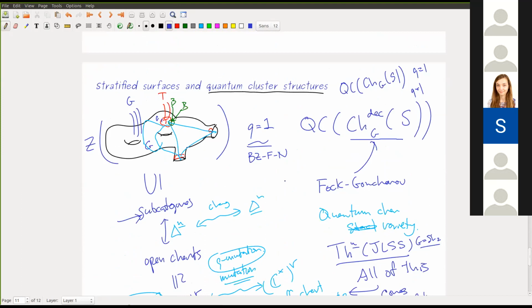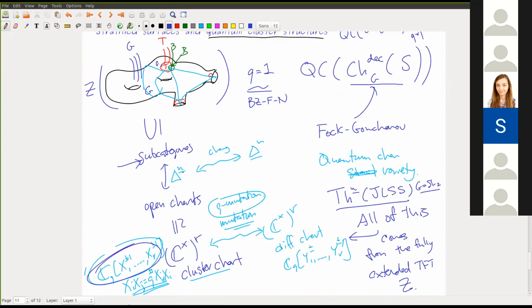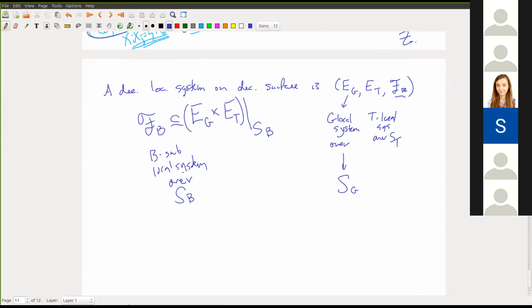Yes, a quick question clarifying something. So you have the G and the T, they're independent groups. What is the B? That's a group with a map to both G and T, or no relation to G and T? Aren't all three related? I mean, it's a group. In all these examples, G is some reductive group, T is its Cartan, and B is the Borel subgroup.